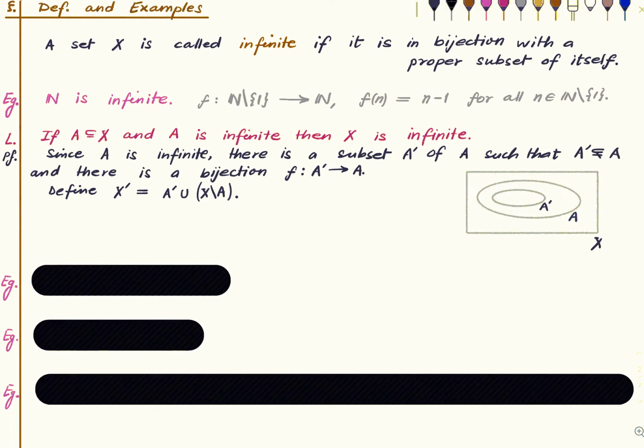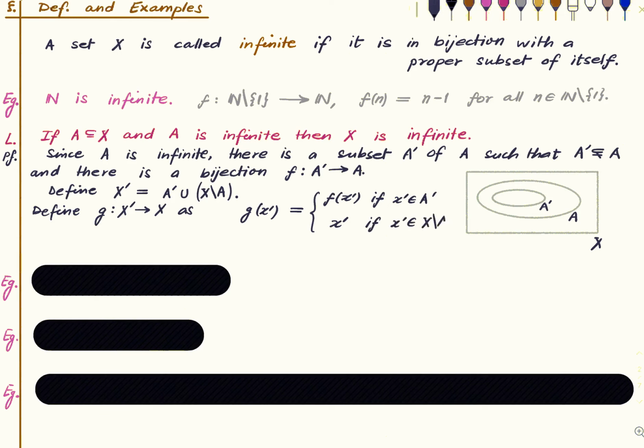Okay. And now we will define a bijection between X prime and X. So define a function g from X prime to X as follows. g of x is equal to f of x if x is in A prime, and equal to x if x is in this part.